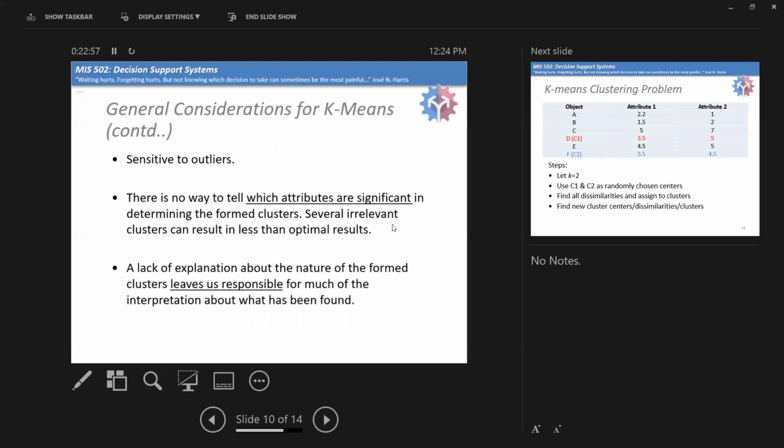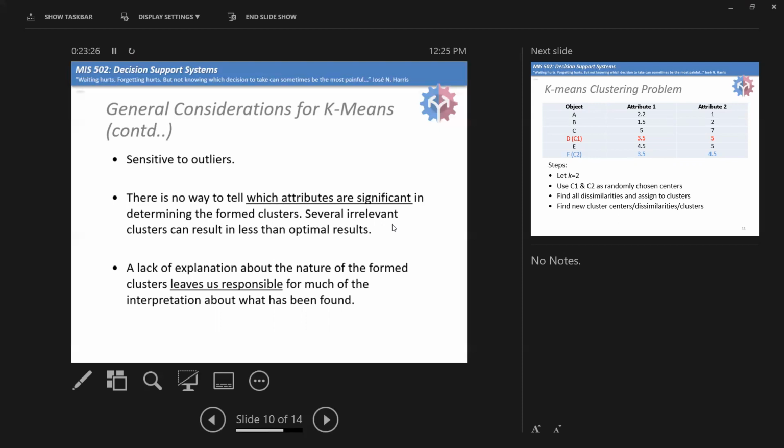It's very sensitive to outliers. It starts to behave badly when you have something like this. Now, I'll give you an example here. What are the 2 rules that you must have in k-means? And I'm assuming K to be 2, which means how many clusters do I need to form? 2.